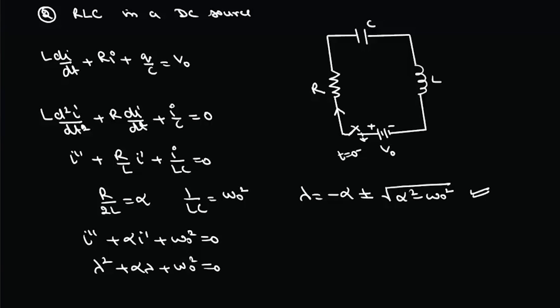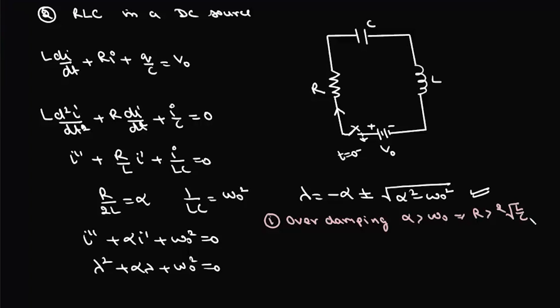So here also we'll have three conditions. First is the condition of overdamping, when alpha is greater than omega naught, that is when R is greater than twice the square root of L by C. Here we know i as a function of t will be C1 e to the power minus lambda 1 t plus C2 e to the power minus lambda 2 t, where minus lambda 1 and minus lambda 2 are two distinct roots of this equation.